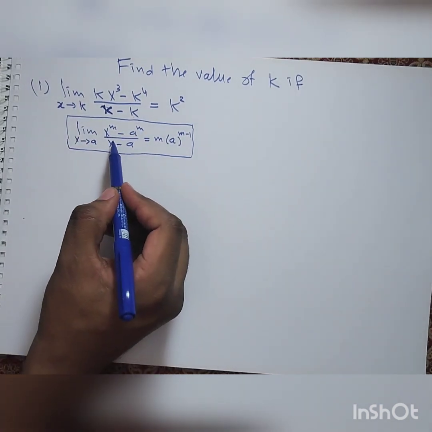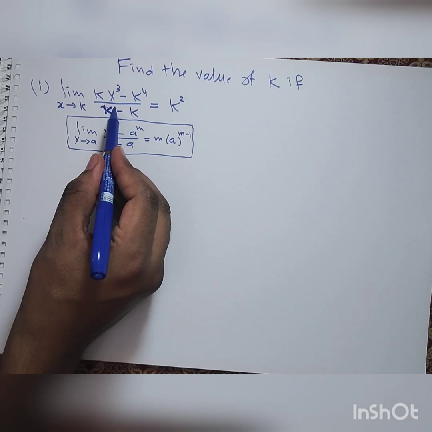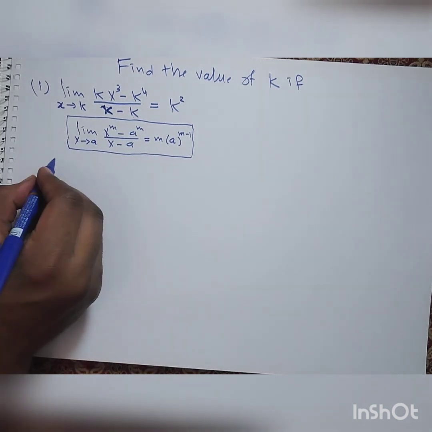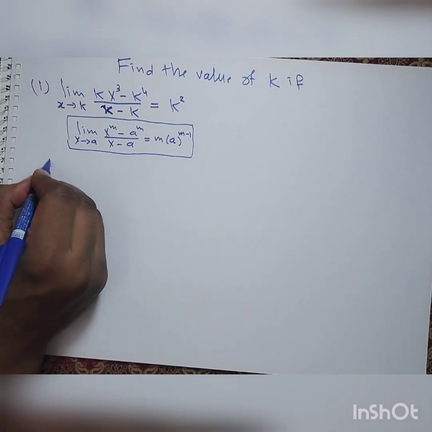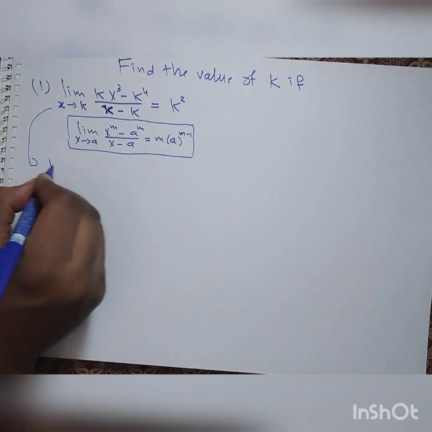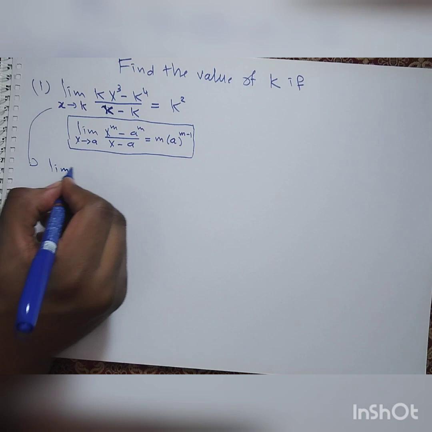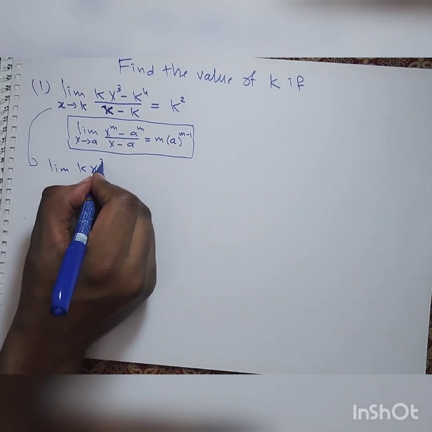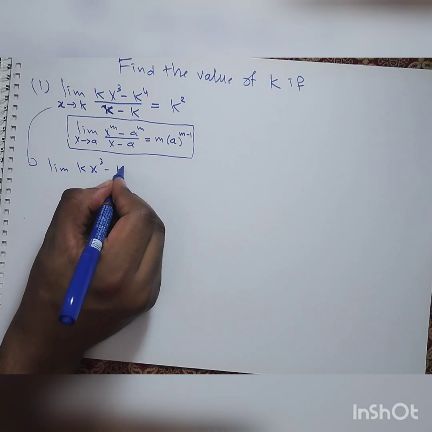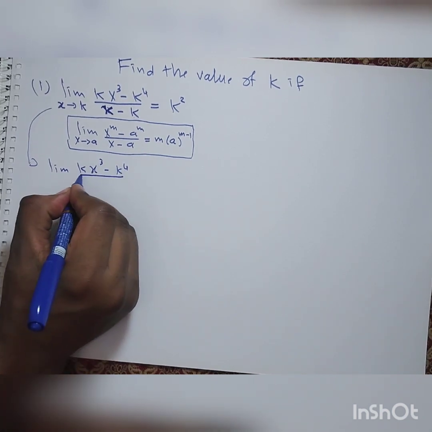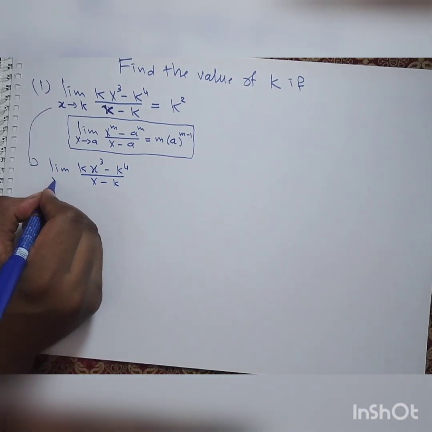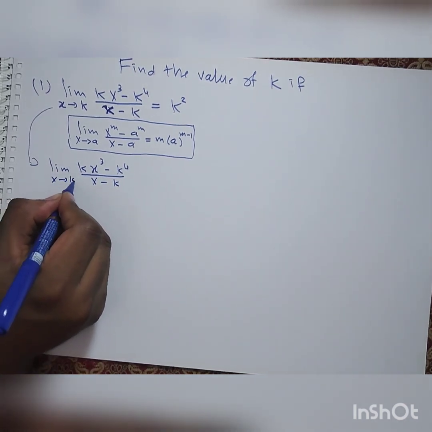But now we need to write this expression in a similar format. So what we do is the following. We take our limit and rewrite it here: the limit of (k x^3 - k^4) all divided by (x - k) when x approaches k.